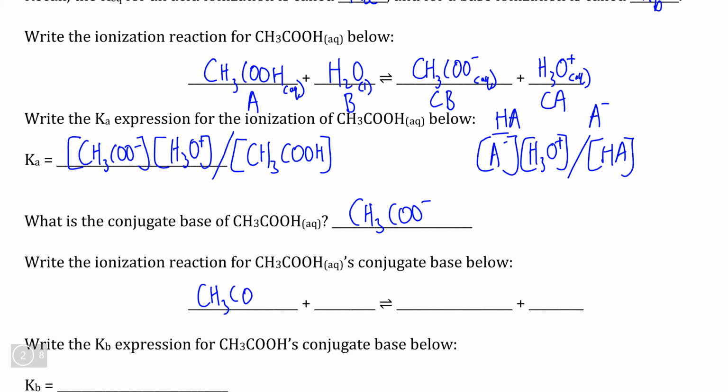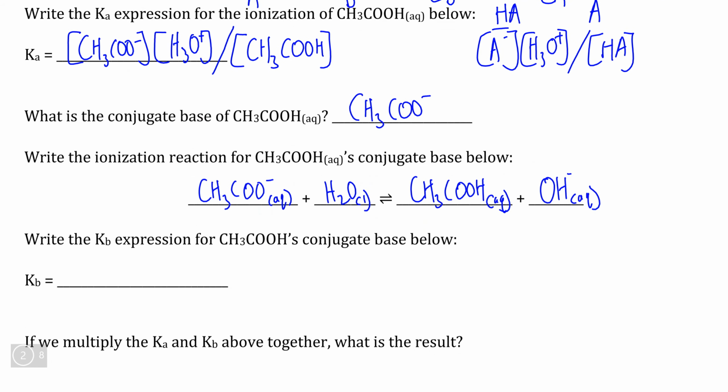So if we do the ionization reaction where we take acetate and react it with water directly, we know that acetate is going to act as a base because it's going to use its negative charge to pull one of the hydrogens off of water in order to give us the acid form back, acetic acid, and because water has lost a hydrogen here, we would end up with OH-, therefore showing us that this is a base reaction here.